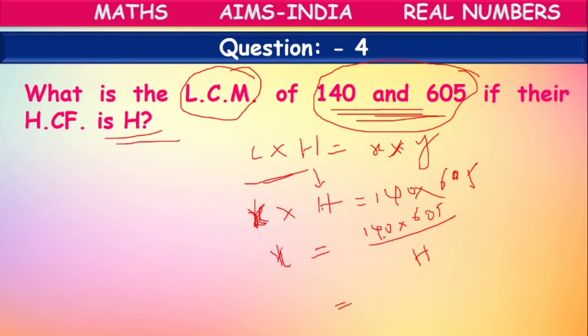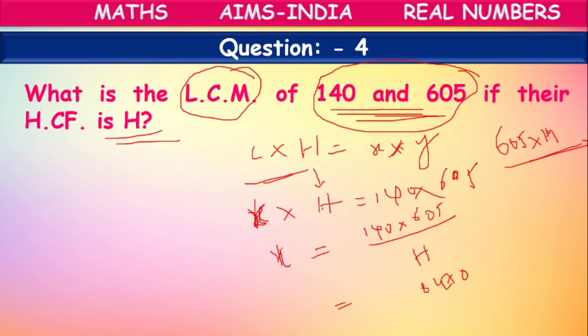So let's multiply 605 with 14. What will we get? 14 5s are 70. 0, we will keep 7 remaining. 14 0 times are 0 plus 7. 7 will come. 14 6 are 84. 84 will come.